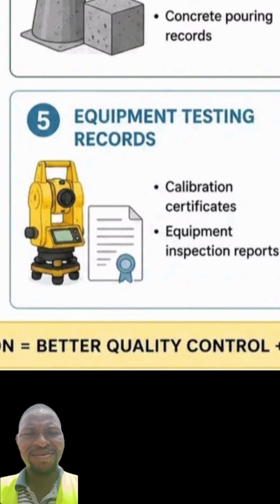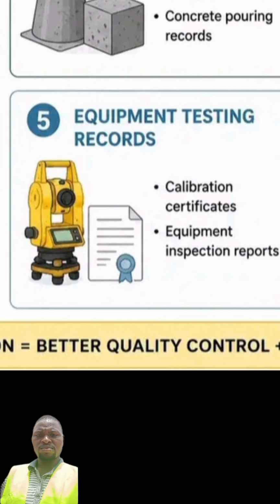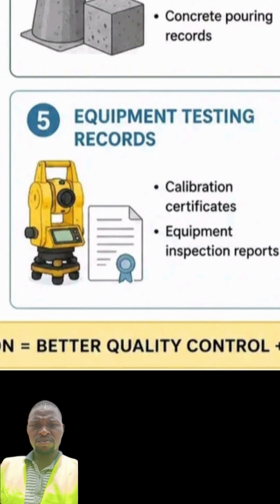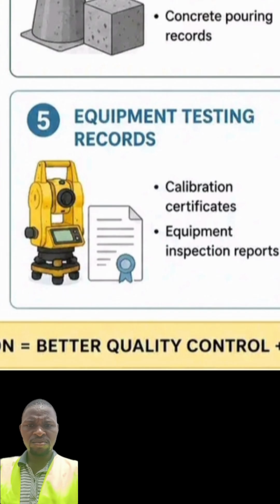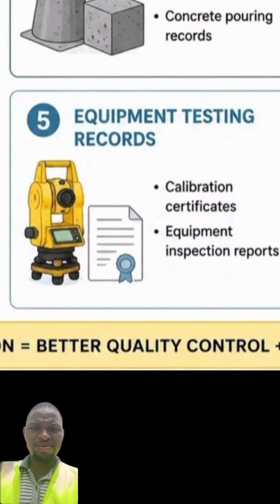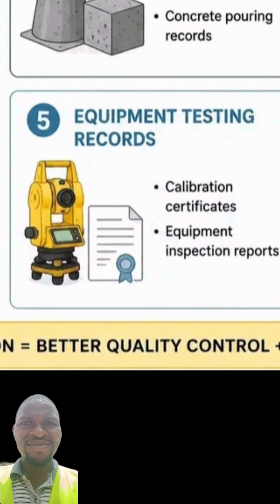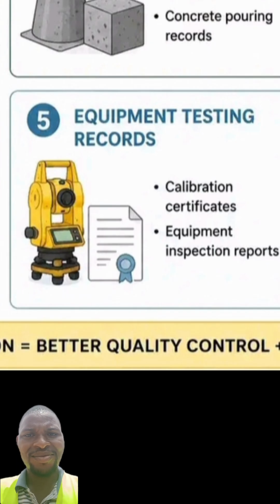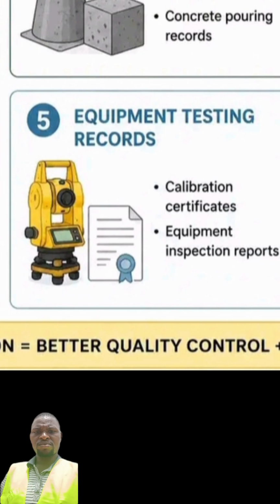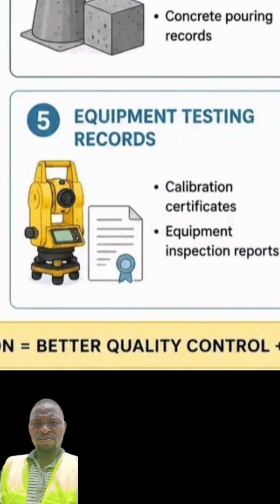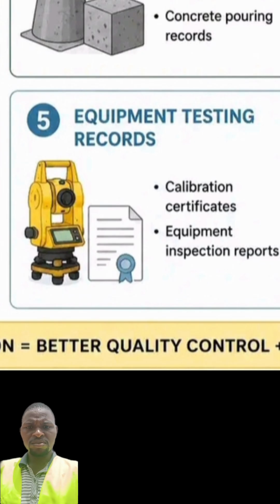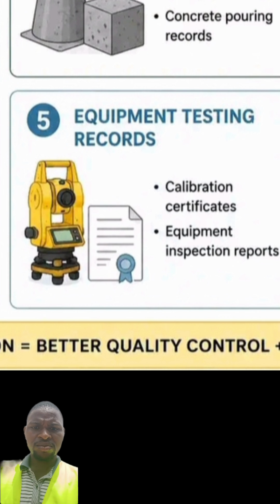It should not be that once it is time for the work to be done, that is when you find out that this equipment is wrong, this machinery is not functional, this tool is not working, the plumb is not working, or the tape is not measuring, maybe some of the inscriptions are fading and all those things. So it is your responsibility to know that all these materials, equipment and tools are functional.